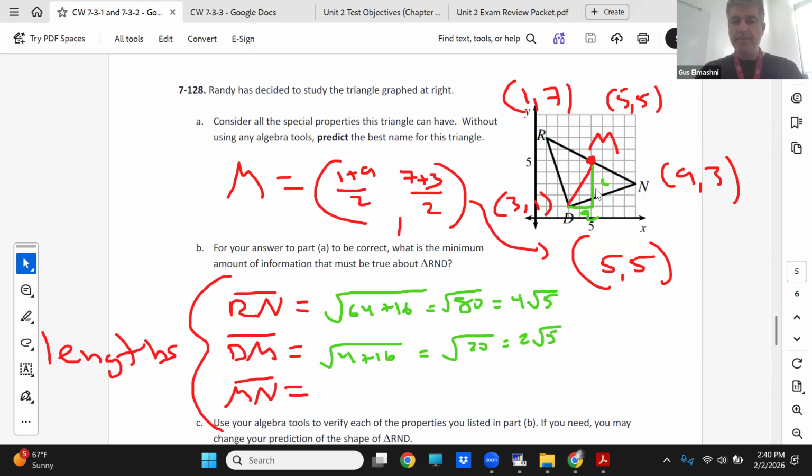And then lastly, let's find this side. It's actually the same thing as DM. Root 4 plus 16, you get the same thing.